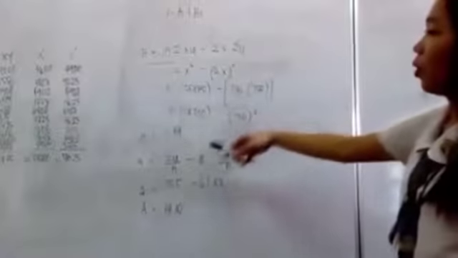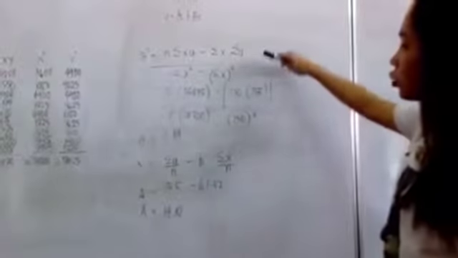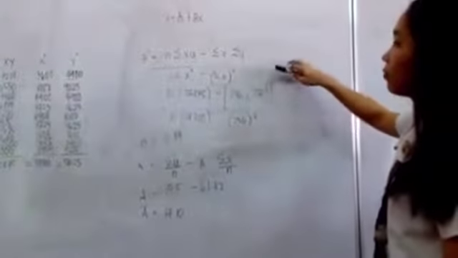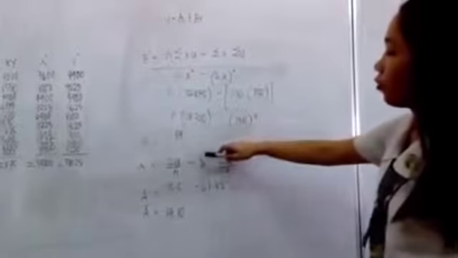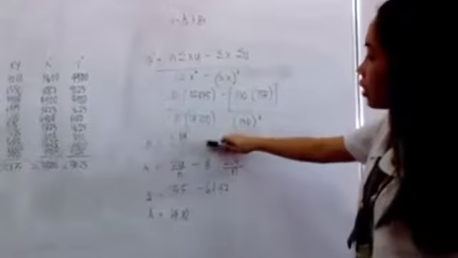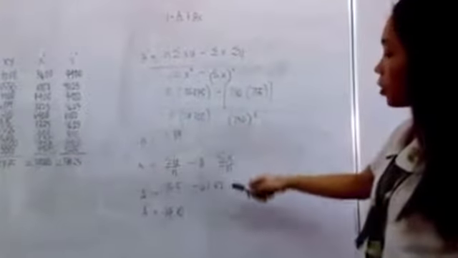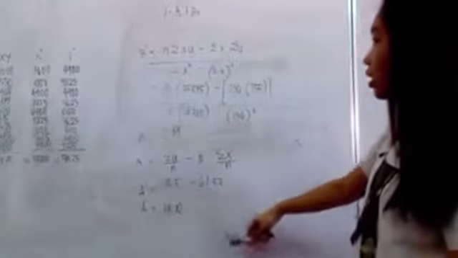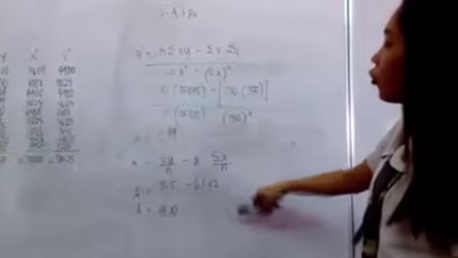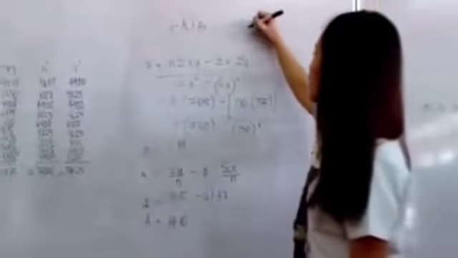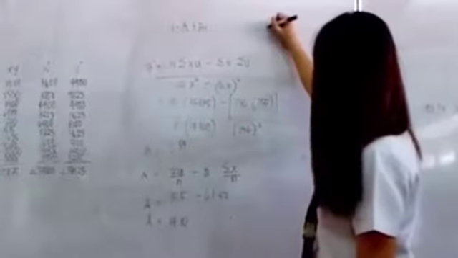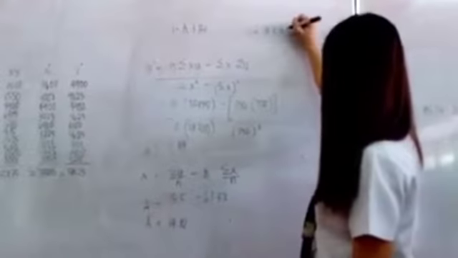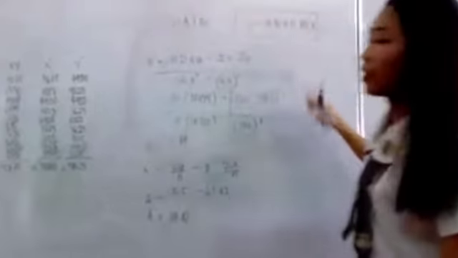Substituting into the formula, we get a value of b of 0.84. Substituting again, we get the value of a, which is 14.80. Substituting the coefficients into the equation, we get y equals 14.80 plus 0.84x. This will be our linear regression.